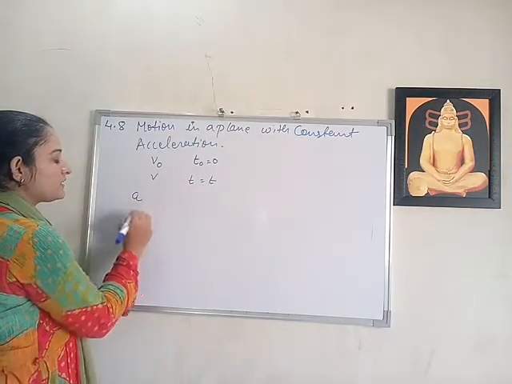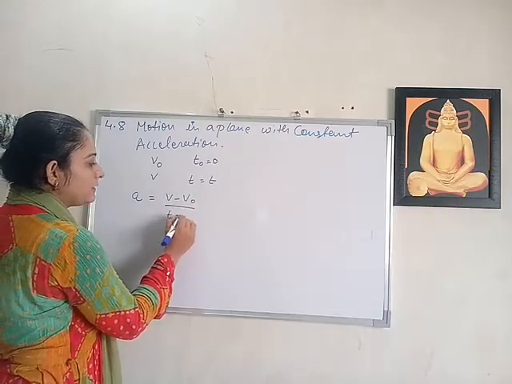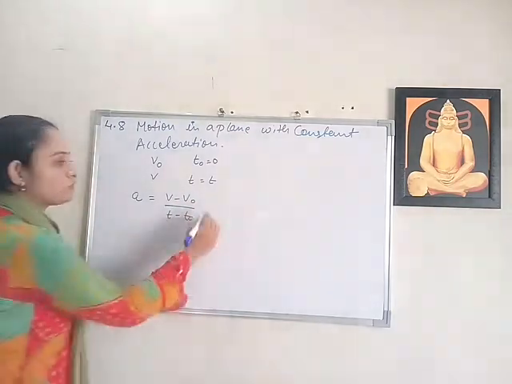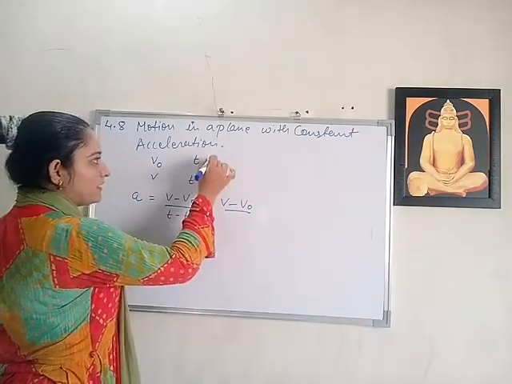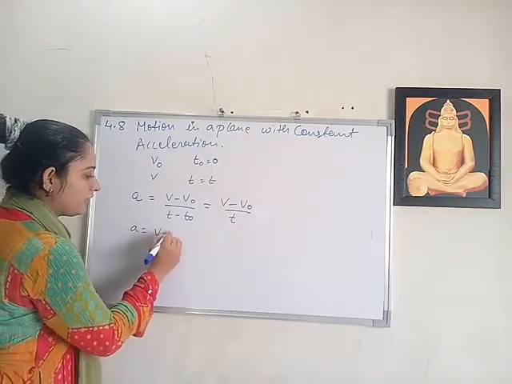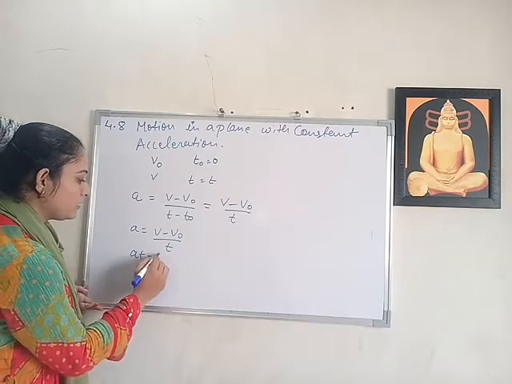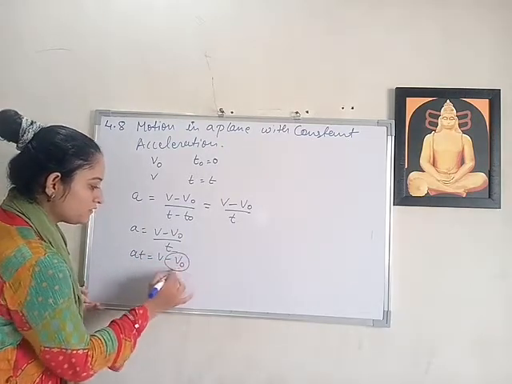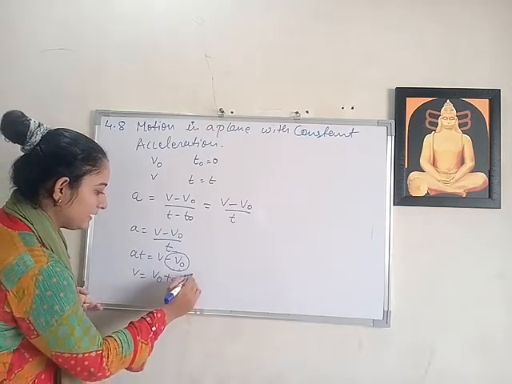So constant acceleration a will be equal to v minus v0 upon t minus t0. So here it will be equal to v minus v0 upon t, since at initial time t0 was 0. So a equal to v minus v0 upon t. So at equal to v minus v0. This minus v0 comes this side. So v will be equal to v0 plus at.